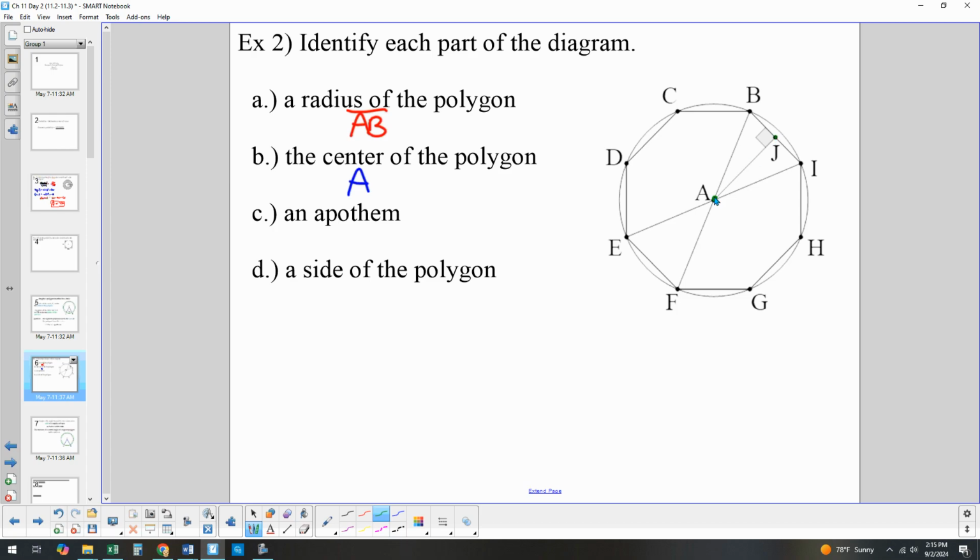So I only see one point that's perpendicular to anything, and that's J. So it would be AJ is our apothem. And a side of the polygon, JB would not be one, JI would not be one because that's not a full side. I would need something like BI to be the full side of the polygon.